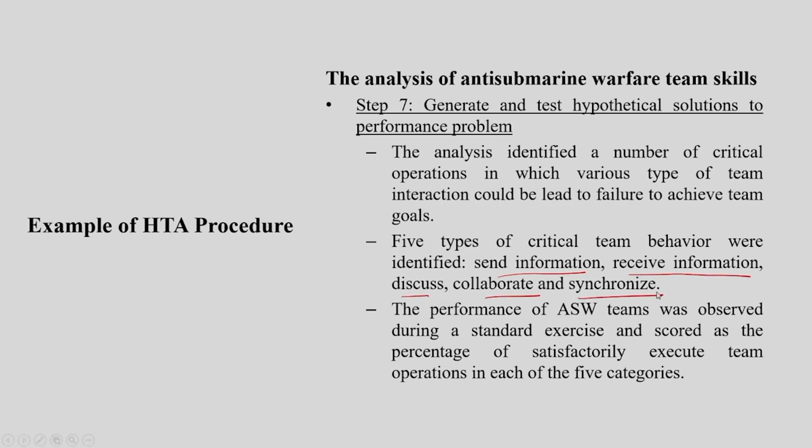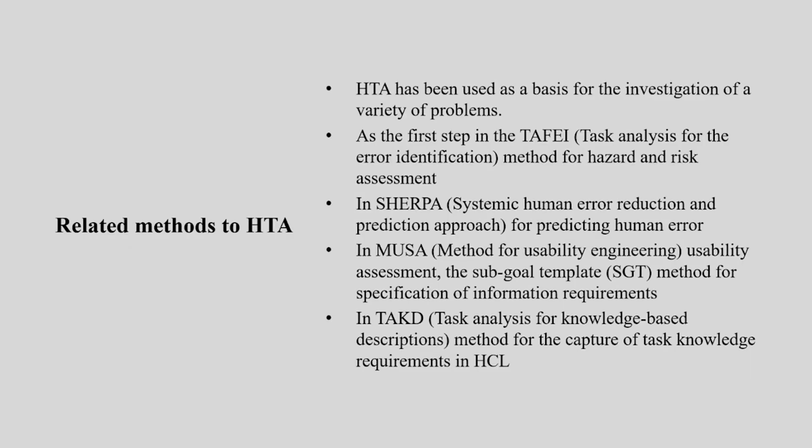They categorized them and gave the percentage for each, and only then decided which one to take first, second, third and fourth, like that. As I mentioned, it's not only an individual method, it is connected to many other methods. What are these? Maybe SHERPA, maybe MUSA, all these methods are connected.